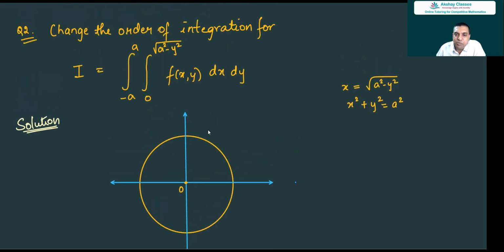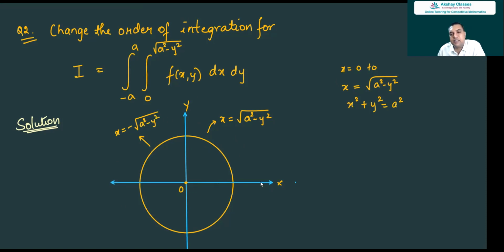Now this portion, x equal to 0 to x equal to under root of a square minus y square. So this is x, this is y. This portion will be x equal to under root of a square minus y square, and this portion is x equal to minus under root of a square minus y square.